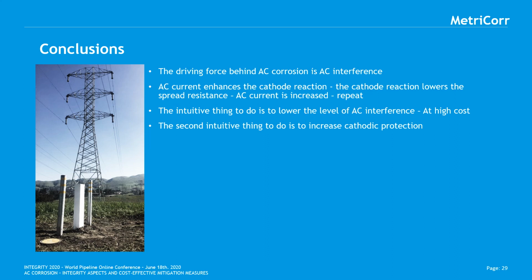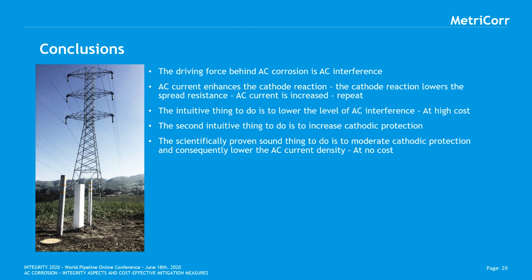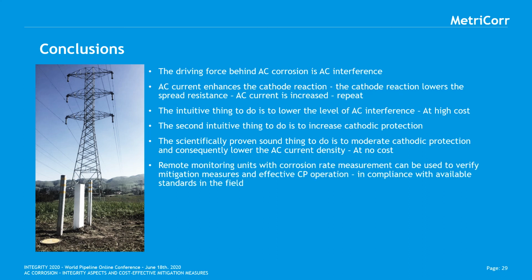Wrong. This is not advised since this may accelerate AC corrosion. Instead, the scientifically proven and sound thing to do is to moderate cathodic protection, and consequently, this will lower the AC current density at the pipeline. This comes at no cost to the pipeline owner.